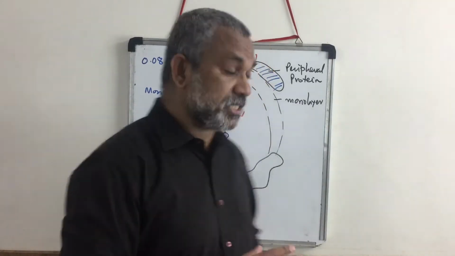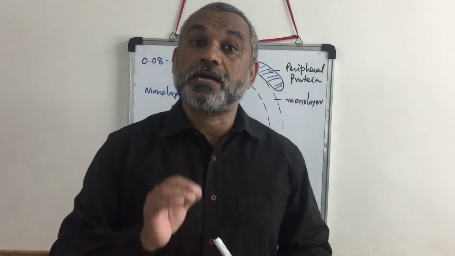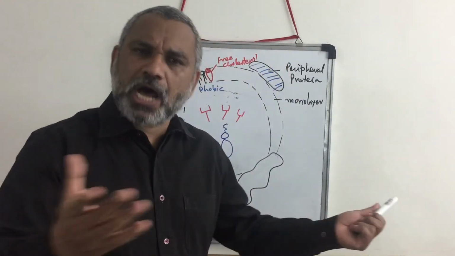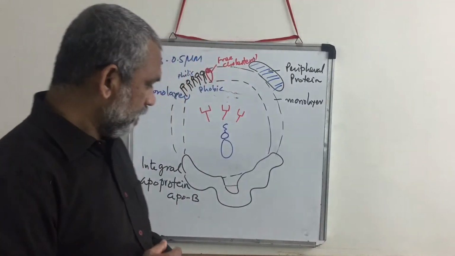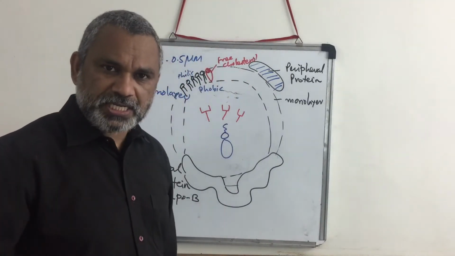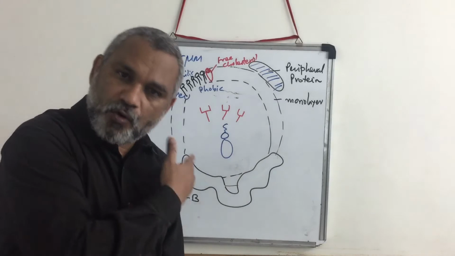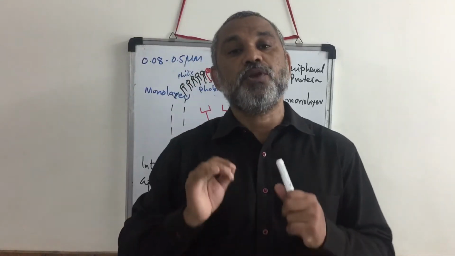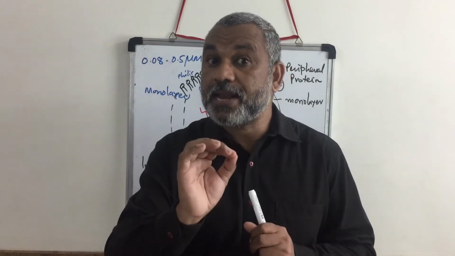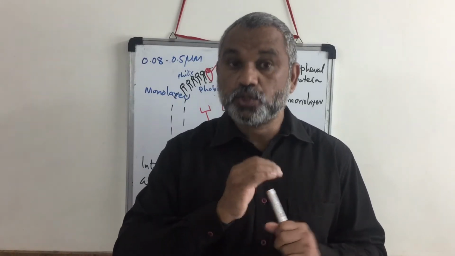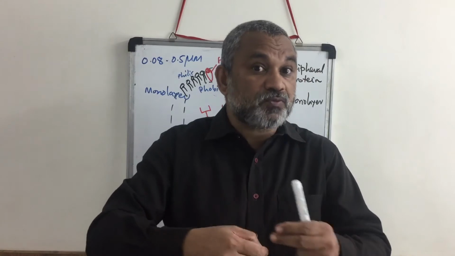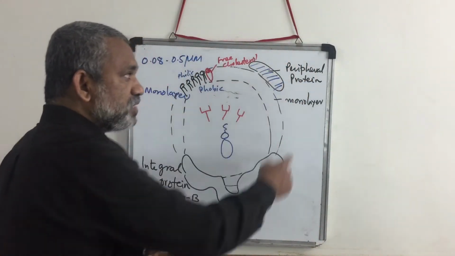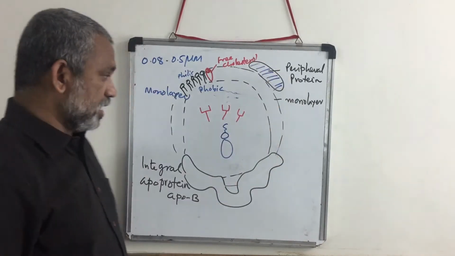These proteins associated with the chylomicrons are known as apoproteins or apolipoproteins. There are many apolipoproteins, and we'll give details of all these proteins. One of the main functions of apolipoproteins is that they can act as signaling molecules, especially useful for transportation. So that is the main external structure we have seen.